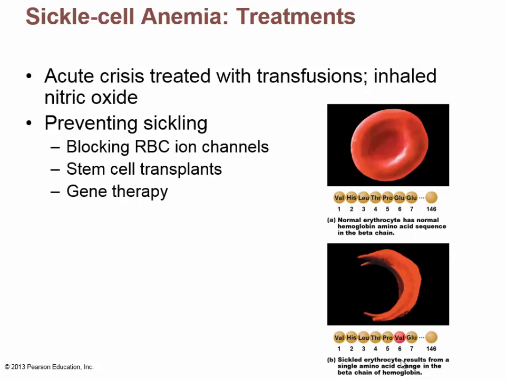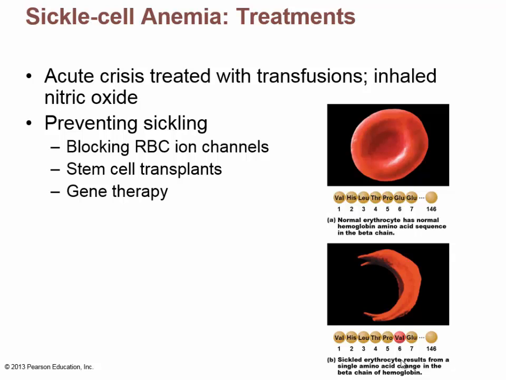When number 6 changes from glutamic acid to valine, you now have sickle cell anemia. It's a genetic thing. You are born with it, whether you're going to make correct cells or incorrect cells. Out of 146 specific amino acids, all it takes is one single little amino acid change, and now you have sickle cell anemia.